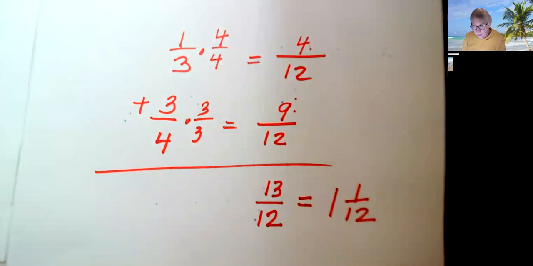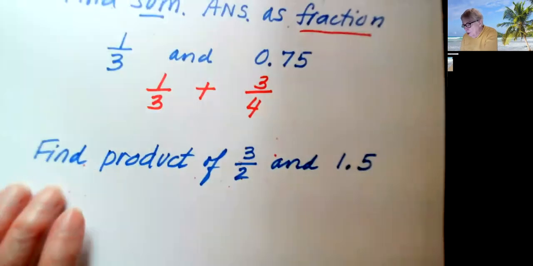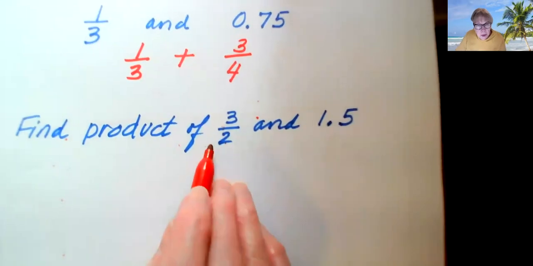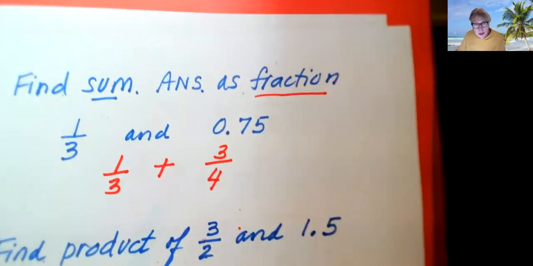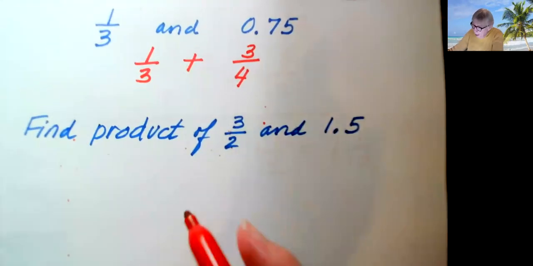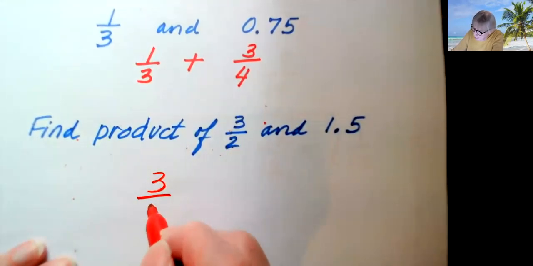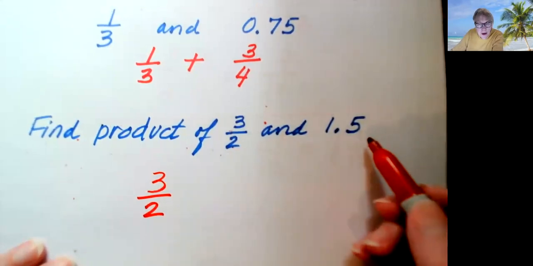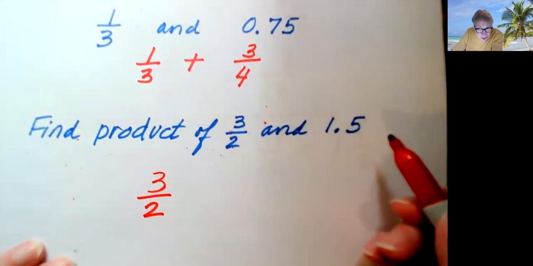Okay. So that was my thing. And this one here, of course, is the last one. Find the product. Now let's go back to the instructions. They wanted a fraction. And so this is 3/2 multiplied by 1.5. Well, I started to say it.